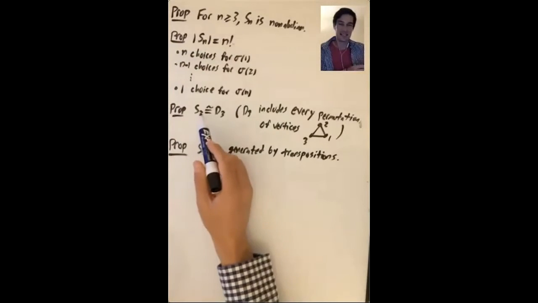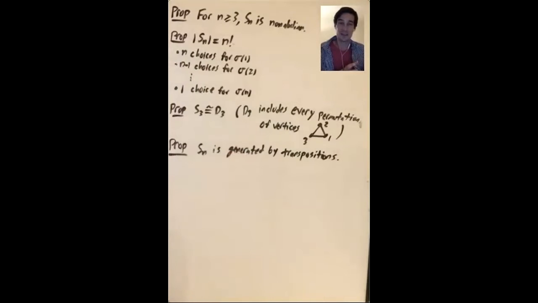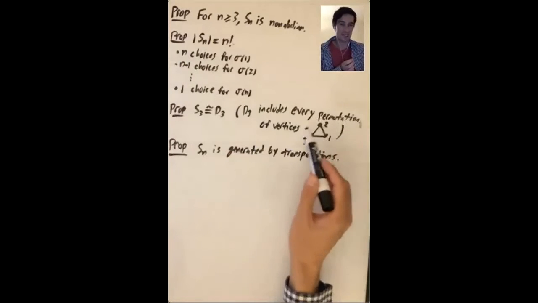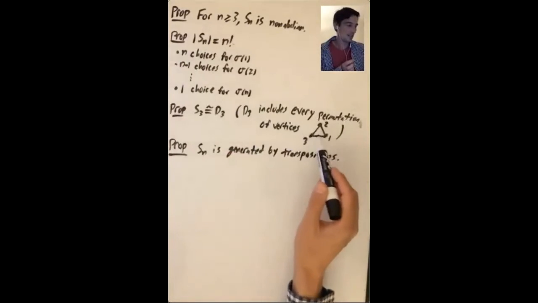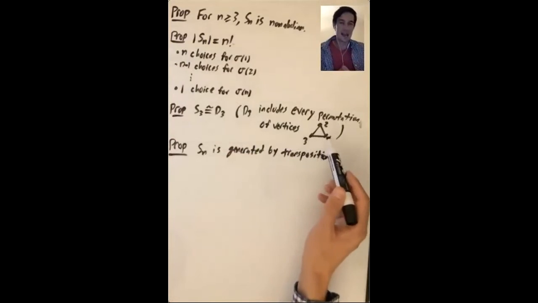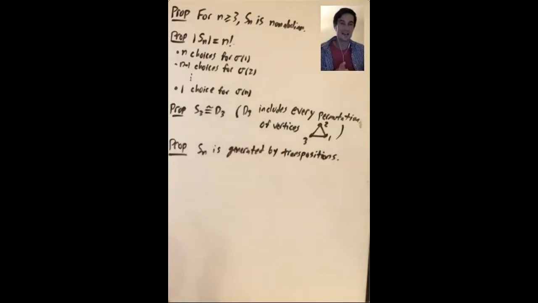Okay, that means S3 has size 6, D3 has size 6. These groups are isomorphic. It's easy to see why that's true. What is D3? It's the permutations of the vertices of a triangle. And if you just take your 3 rotations and your 3 reflections, you'll see that you can get every one of the 6 permutations. So D3 is S3 because it really is all the permutations of the numbers 1, 2, 3.